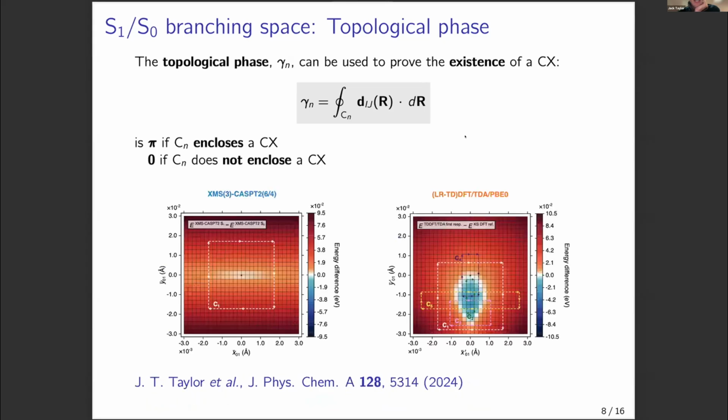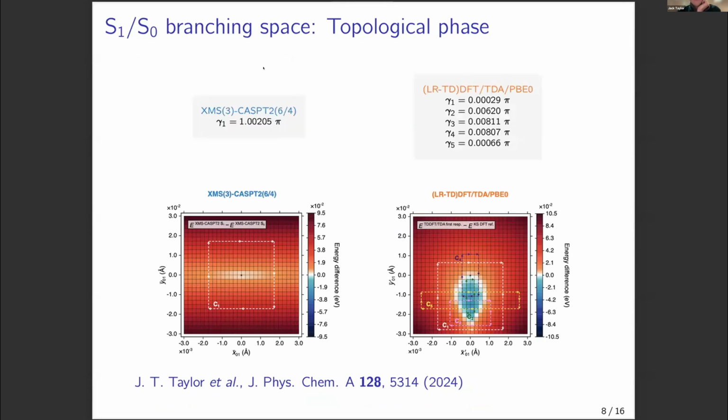If we define a closed path for XMS-CASPT2 and then a couple of closed paths for TDDFT, we see that our XMS-CASPT2 reference correctly returns a value of pi for calculating that integral along this closed path that encloses the degeneracy point.